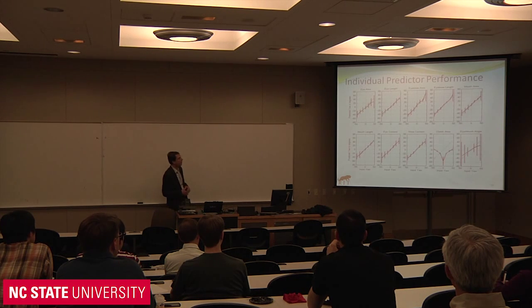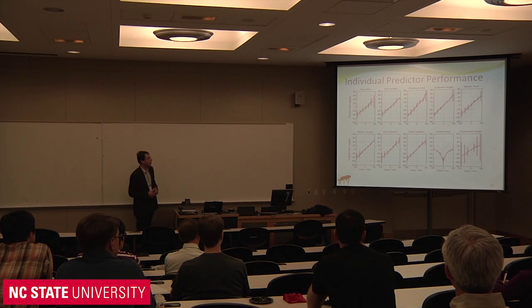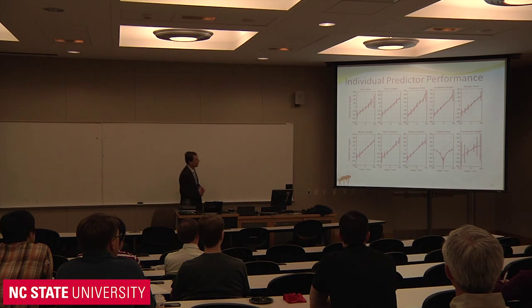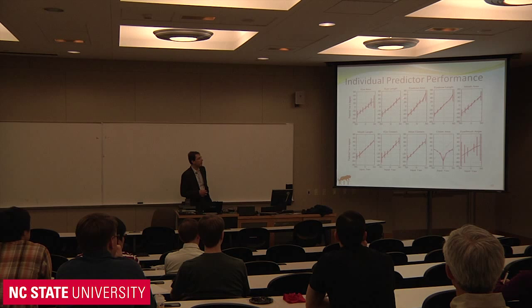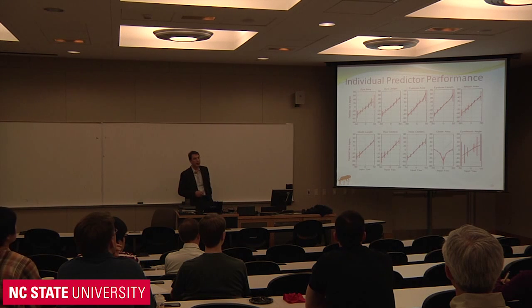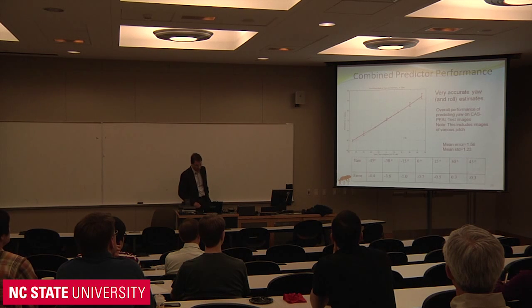We can do that for a few. We can do it for eyebrow areas and mouth lengths and eye centers and so forth. Some of them work better than others, as you can tell. If it was a perfect predictor, you would just get a straight line. So these don't work at all, and we throw those out. The ones that work pretty well, we can do a regression model and get a pretty good result.